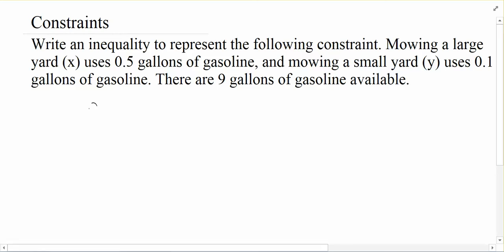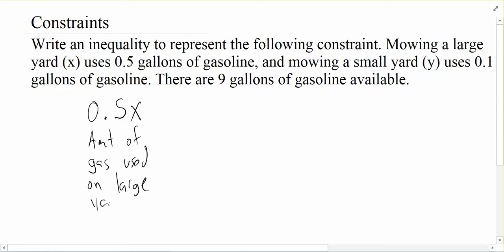We could say, if I multiply 0.5 times X, that right there is going to be the amount of gas used on large yards. But then if we look at our small yards, we use a tenth of a gallon, or 0.1, for each of those.